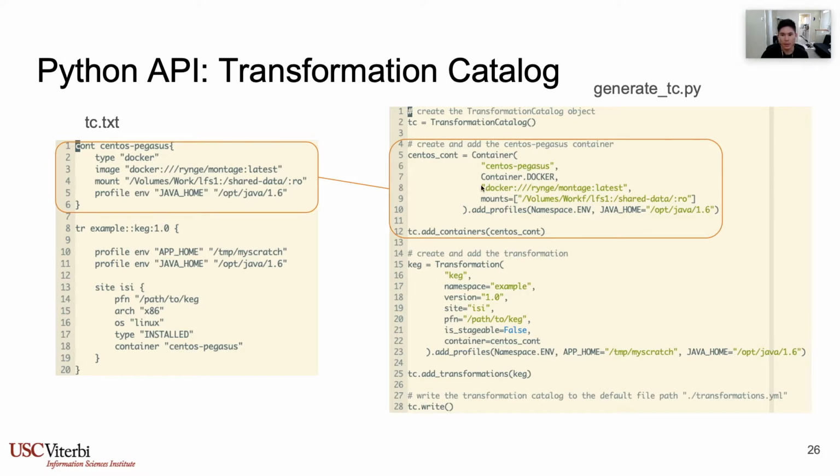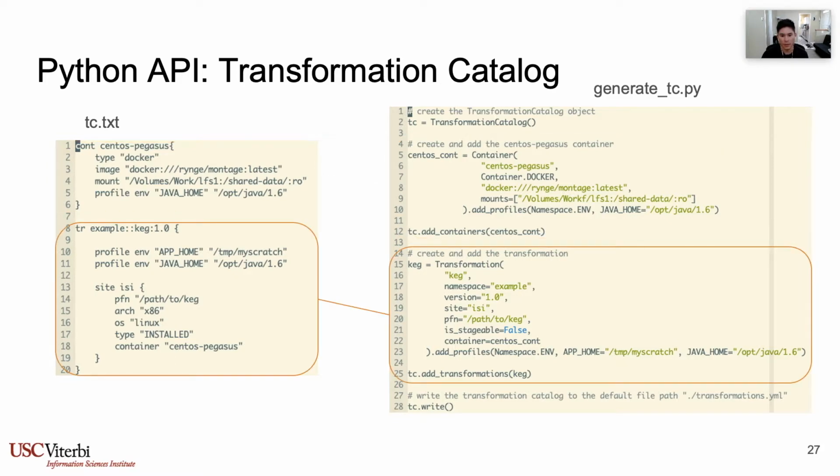We specify its type, where the image is located, and any mounts, and then we'll set some profiles. Once you've done that, you simply add the container to the transformation catalog object. And then next we'll use this object in our definition of the keg transformation.